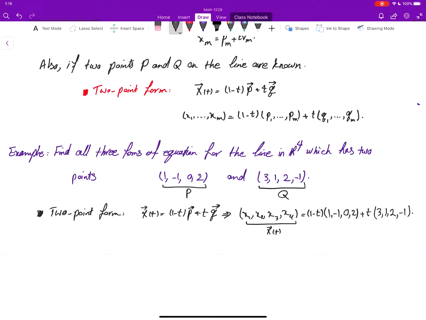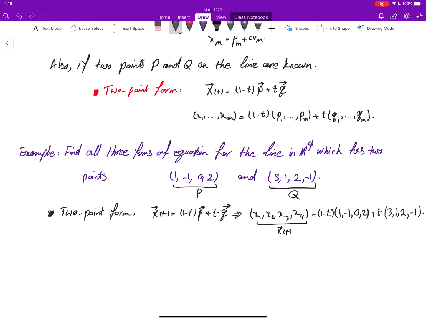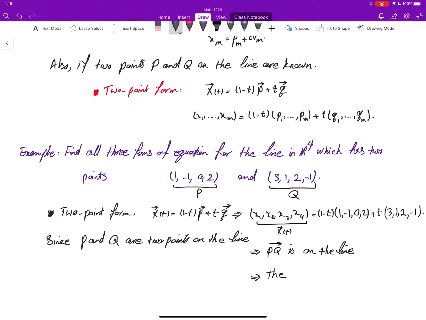Very nice. But when you have 2 points, remember always that since P and Q are 2 points on the line, as a result, the directed line segment PQ is on the line, and as a result, the vector Q minus P, turning the points into vectors, the vector with endpoint Q minus start point P, is parallel to the line.